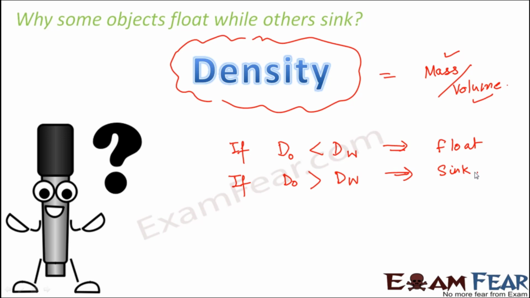So basically the object with lower density will remain on the top. Take the example of the iron nail. When you think of the iron nail, its density is more. That is why it sinks. Now, when you think of the paper boat, its density is less. That's why it floats.